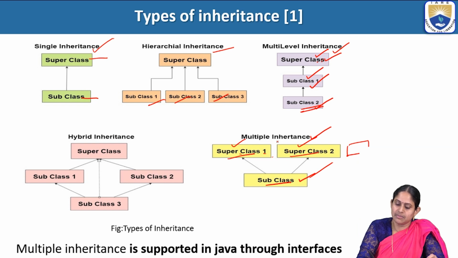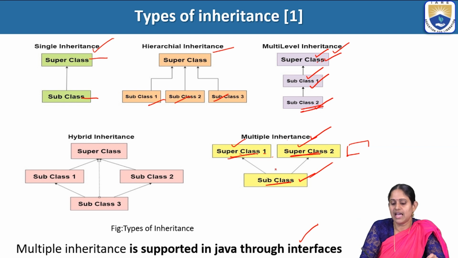Since this is achieved using interfaces, the methods of superclass 1 and superclass 2 will be abstract. So the subclass which is inheriting these superclasses will have to provide the implementation for the methods which it has got from those superclasses.